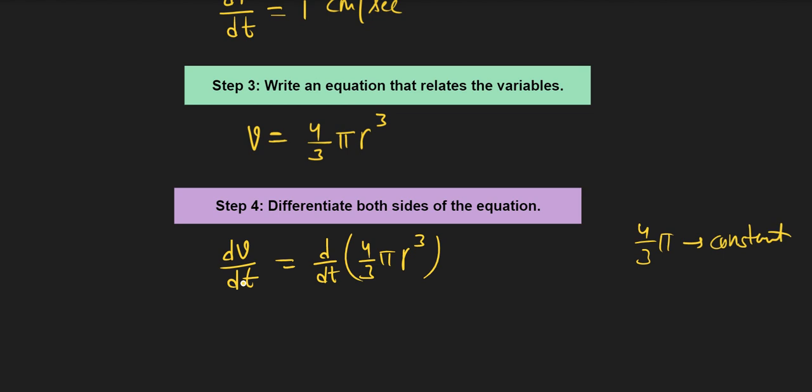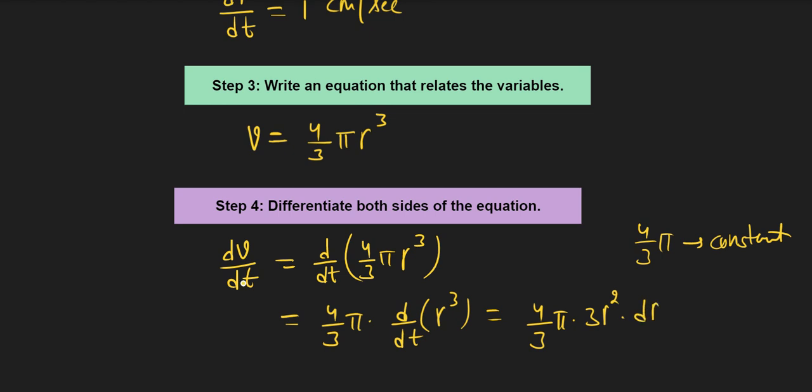So we can write it as 4 over 3 pi as it is, and the derivative of r cubed. What is the derivative of r cubed? The derivative of r cubed is 3r squared, but don't forget to put dr over dt, since we are differentiating with respect to time.